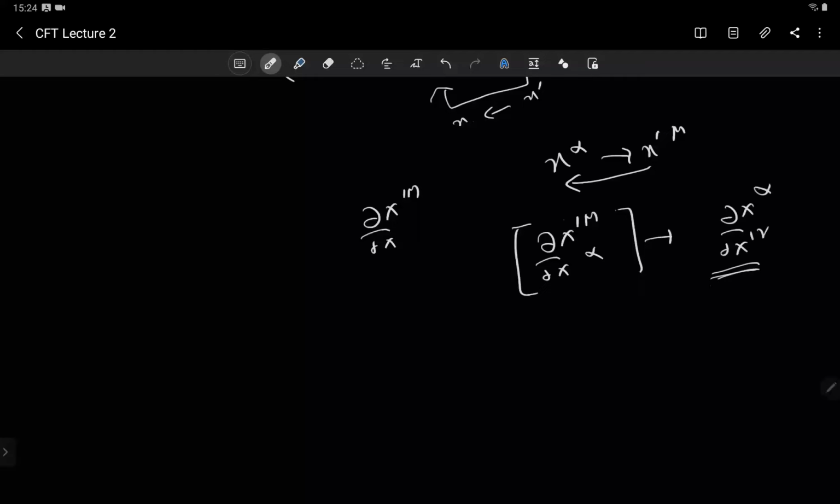So we have to see whether this also satisfies that equation. The equation was del x prime mu del x alpha, del x prime nu del x beta, eta mu nu equal to eta alpha beta.